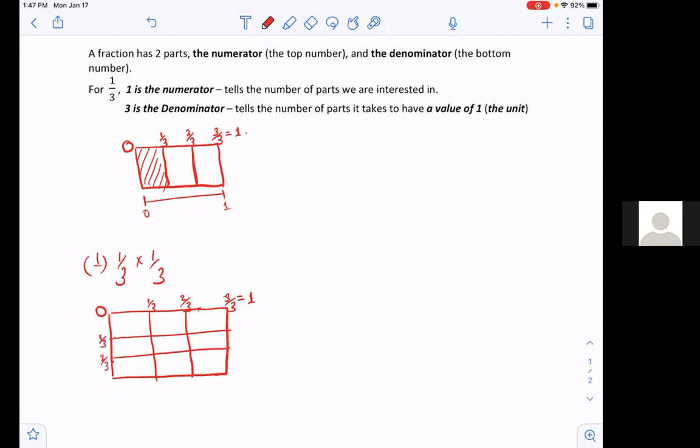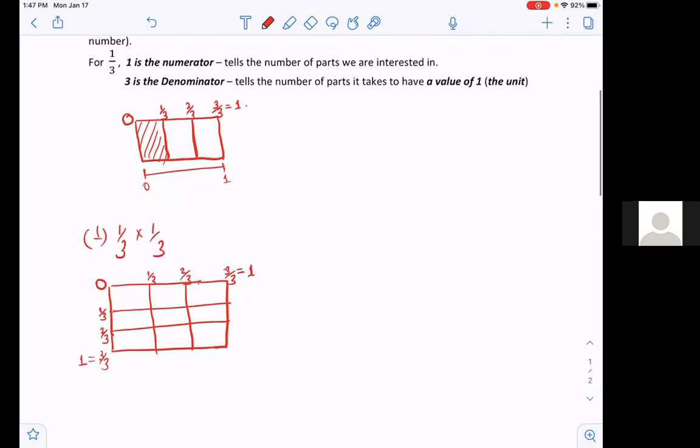Then to the second partition 2/3, and 3/3, which is giving us 1. So we have to agree so far that the value of 1 for the whole rectangular box will be 1 by 1. It's from here to here horizontally and from here to here vertically.